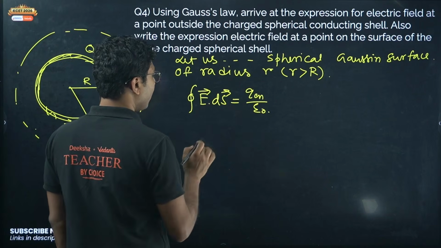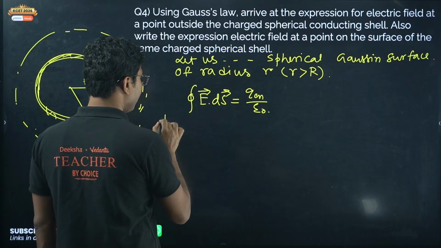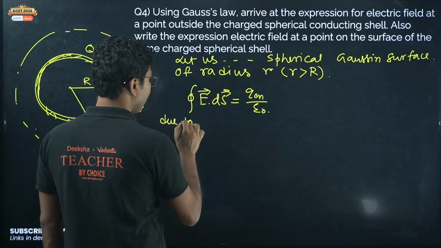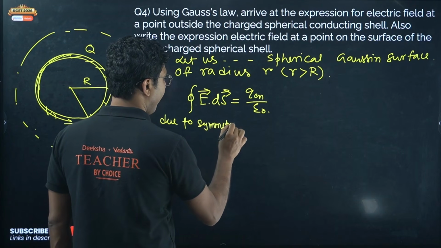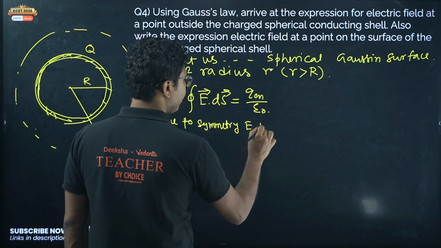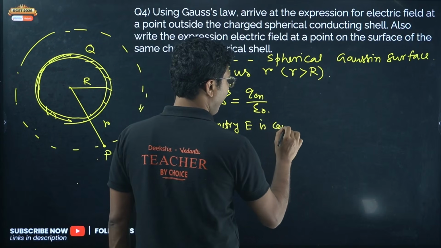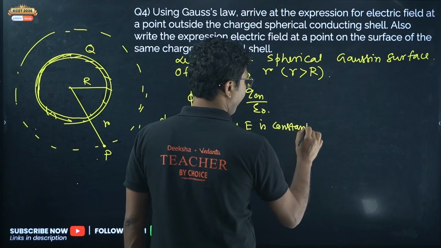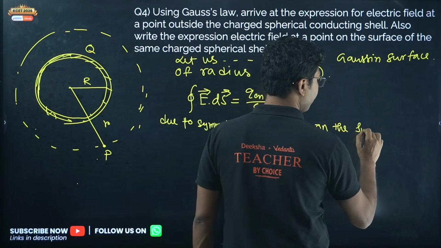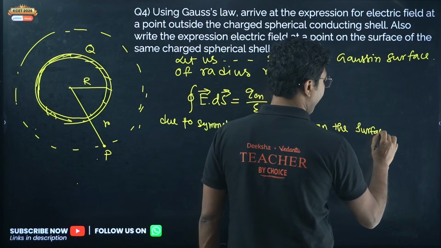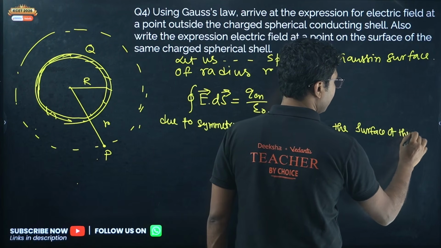So due to symmetry, E is constant on the surface of the sphere.